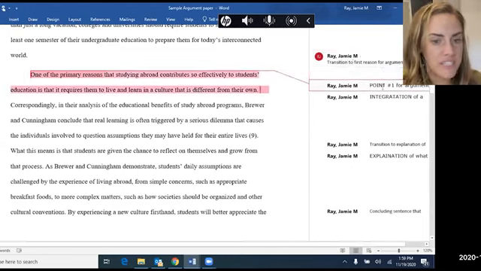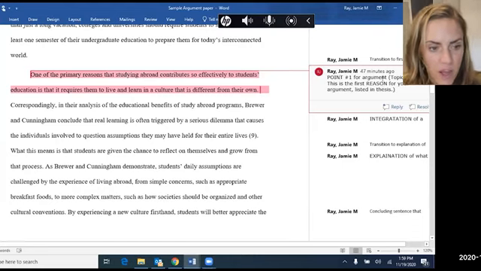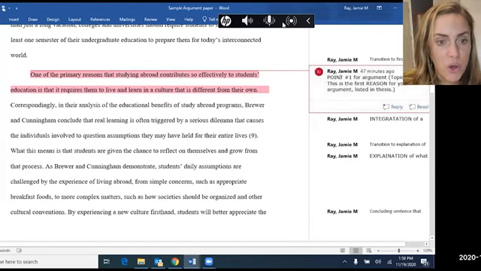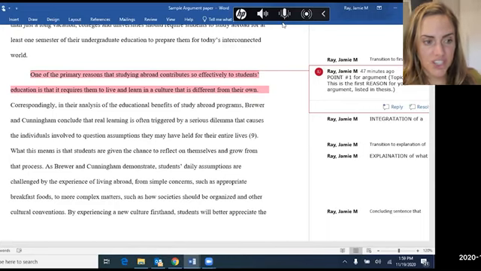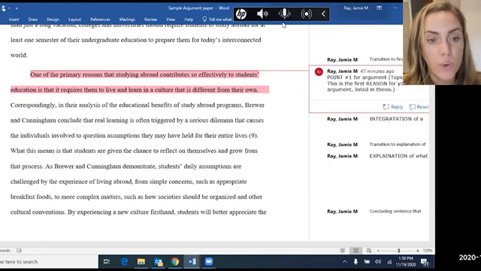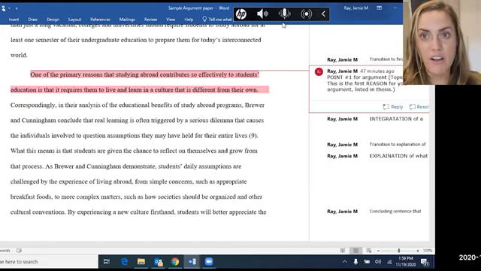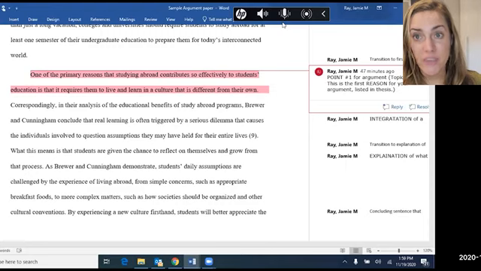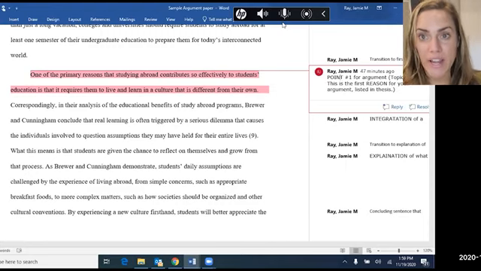"One of the primary reasons that studying abroad contributes so effectively to students' education is that it requires them to live and learn in a culture that is different from their own." This is the topic sentence of this body paragraph. It is the reason this writer is giving for why her thesis statement and her argument is right, okay?